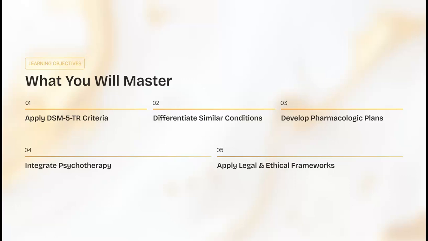You should be able to distinguish clinically overlapping anxiety disorders by using the distinguishing features and the temporal relationships to help you form an accurate differential diagnosis. You should be able to select psychotherapeutic modalities, align with the disorders, and understand when you would send your patient to therapy versus when you would use pharmacotherapy.